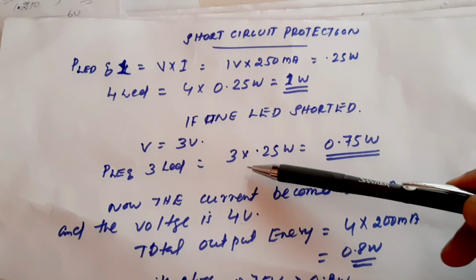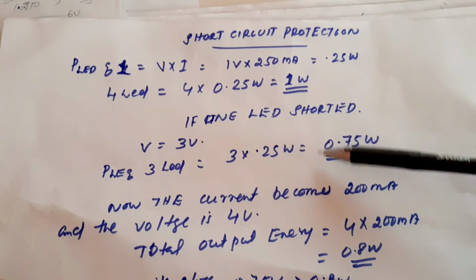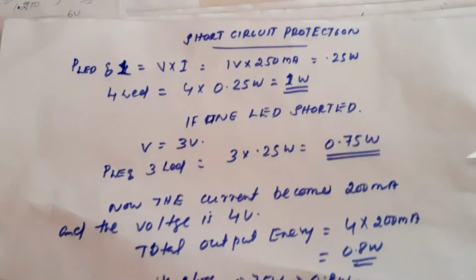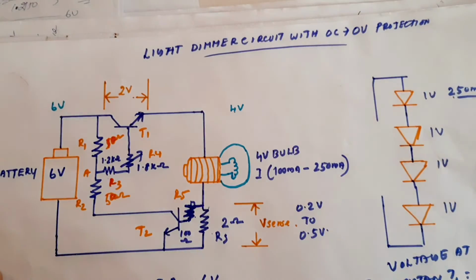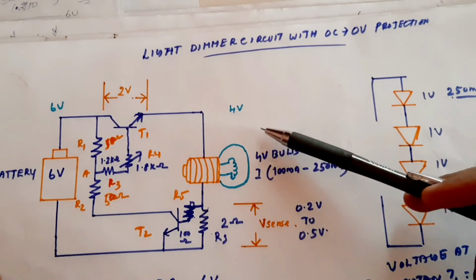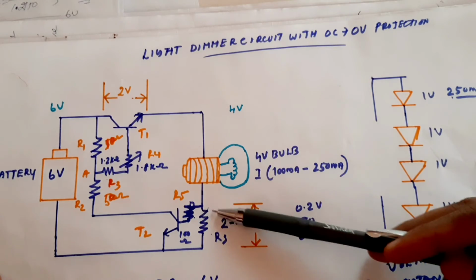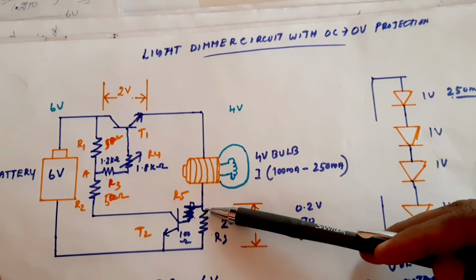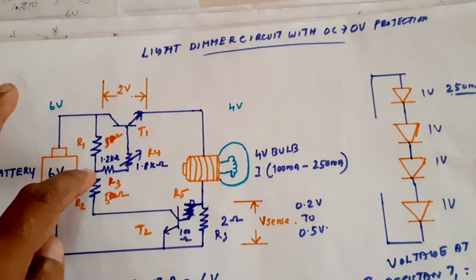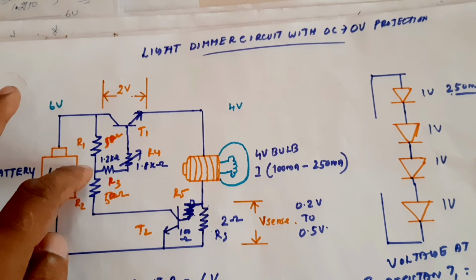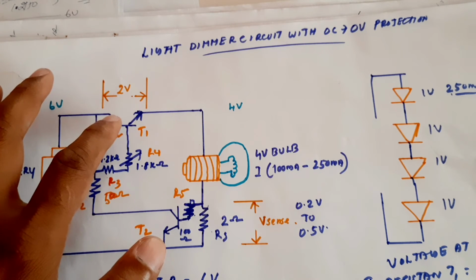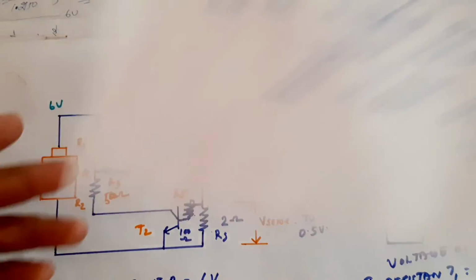But when the required voltage is 3 volts and the available voltage is 4 volt, a large current flows, exceeding 250 milliampere. The voltage at this point becomes less, the base current becomes low and the output current becomes low.